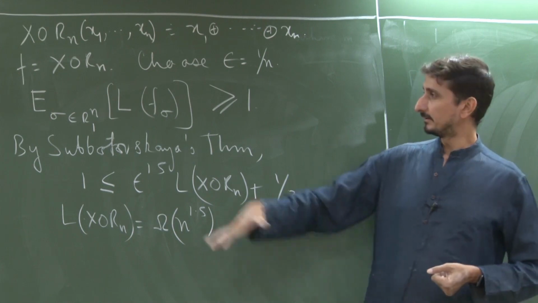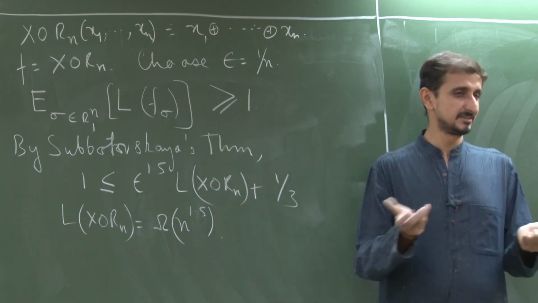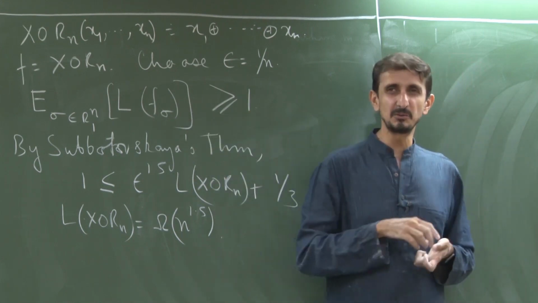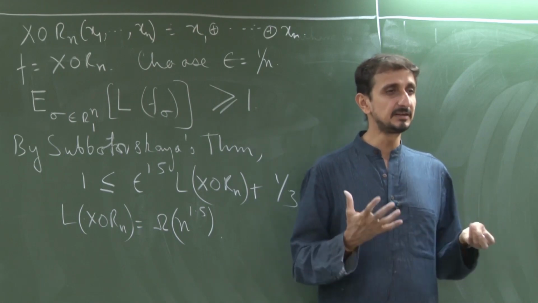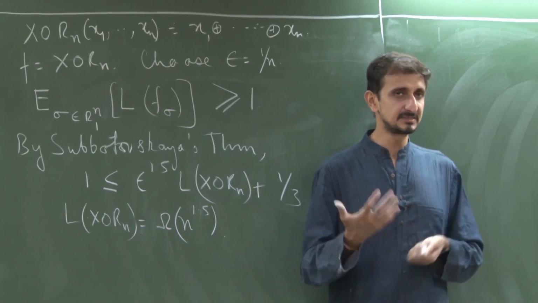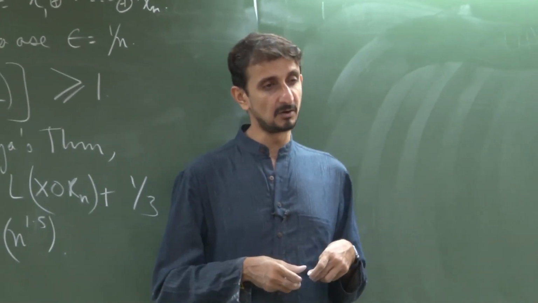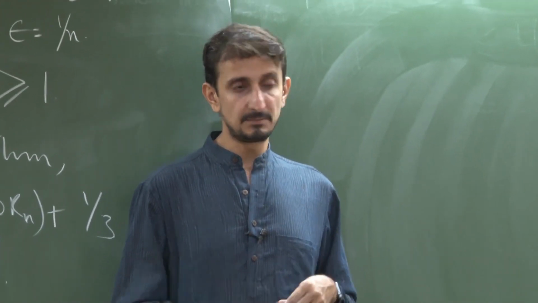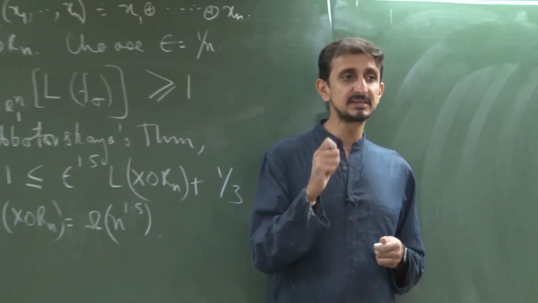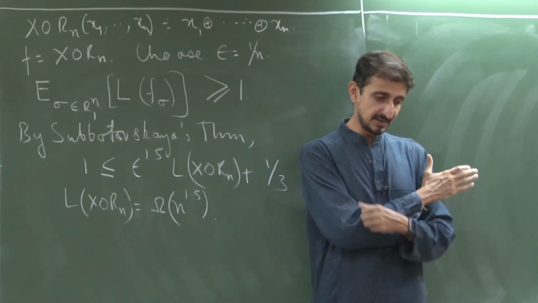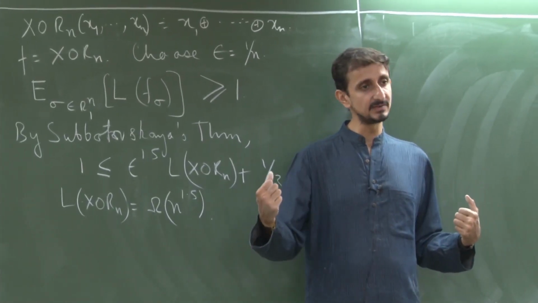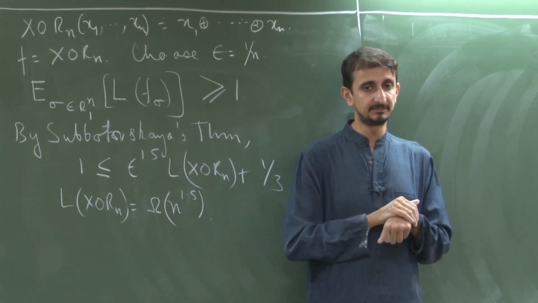In that case, the expected size will be 0 for such a restriction. But those are very restrictive functions, which do not depend on half the number of variables. Parity is one function which depends on each and every bit. Even if I restrict n minus 1 bits and 1 bit is free, that can decide the value of parity.